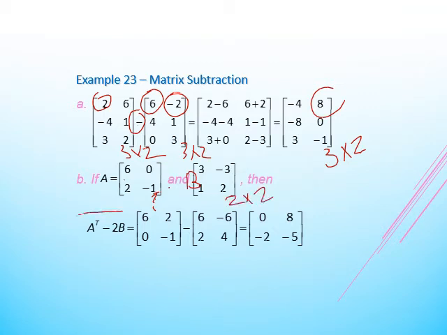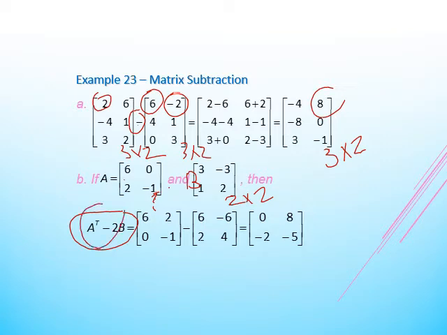How do we calculate A transpose minus 2P? These are important calculations because they are a little more advanced. We should first get A transpose, then get the scalar matrix 2P, and subtract the two results from each other.